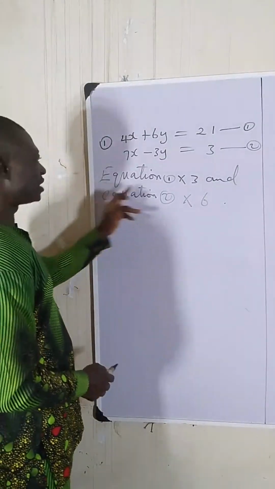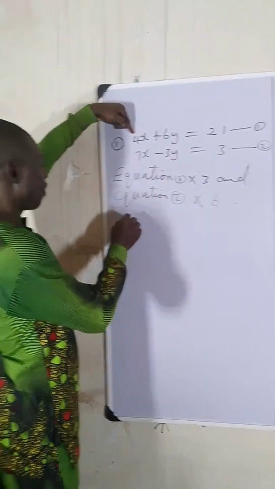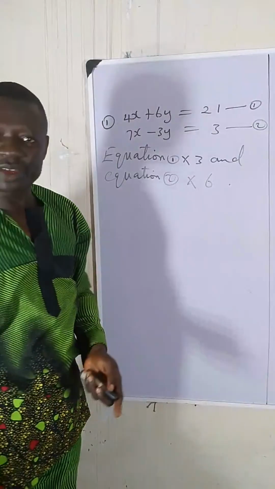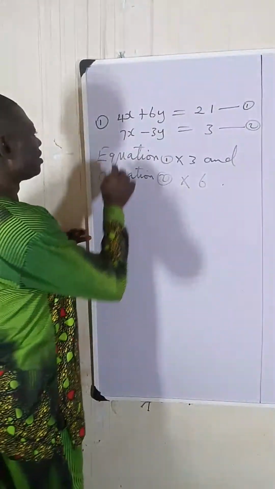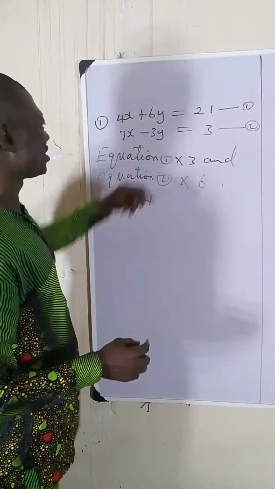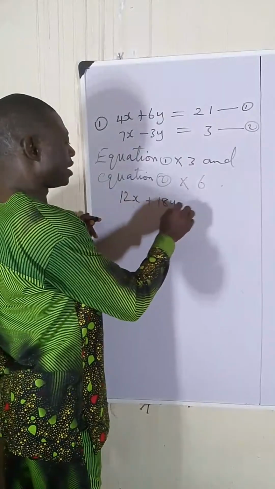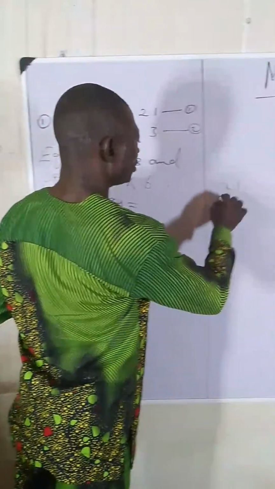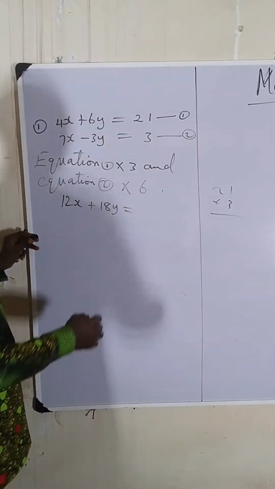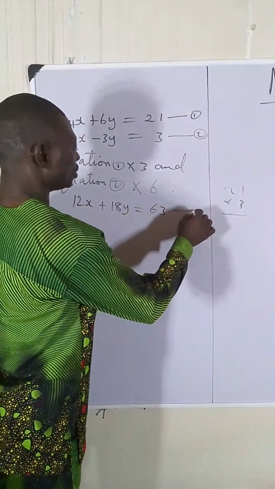Which means equation 1 times 3 will give us 4 times 3, which is 12x, plus 6 times 3, which gives us 18y, is equal to 21 times 3, which gives us 63. We call it equation 3.